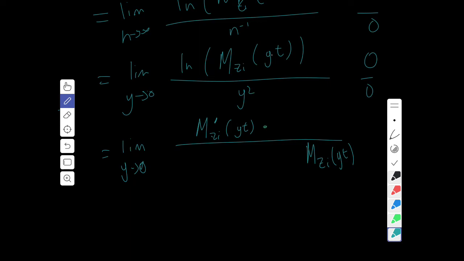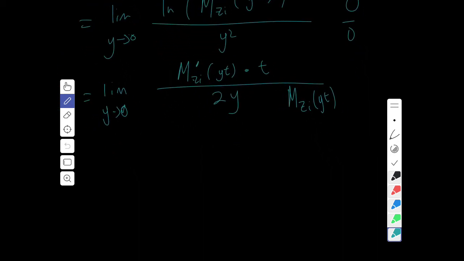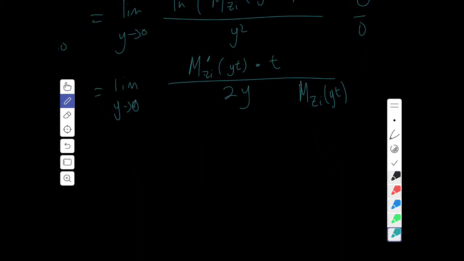The derivative of the inside with respect to y is y times a constant. The derivative of y times a constant with respect to y is just the constant, so it's just t. And then I have to take the derivative of the bottom, because this is what L'Hopital is, and that's just going to be 2y.